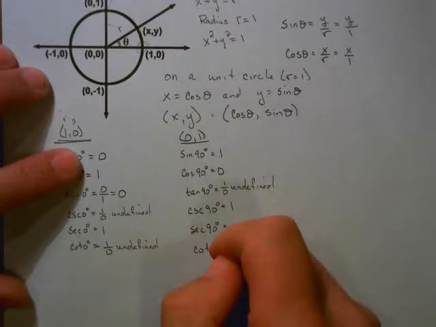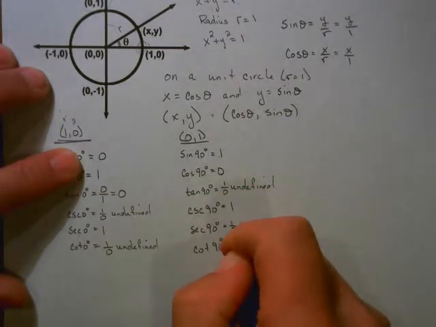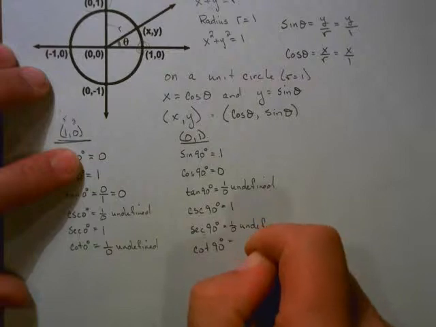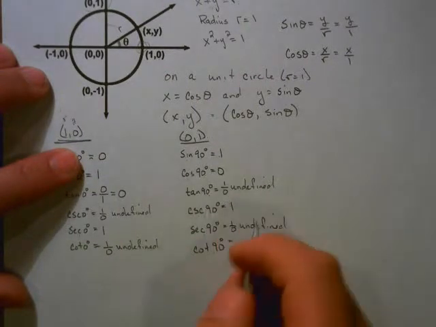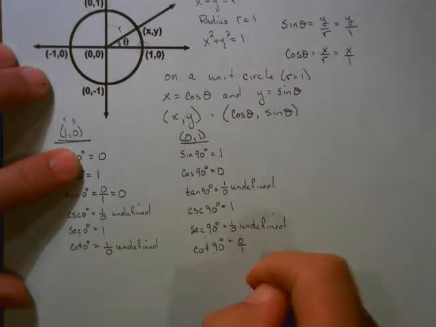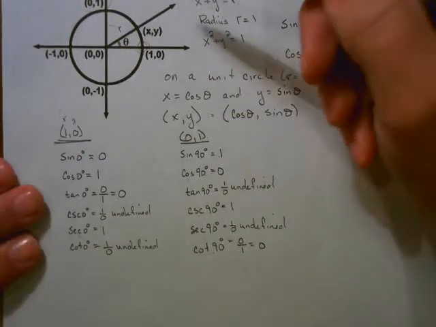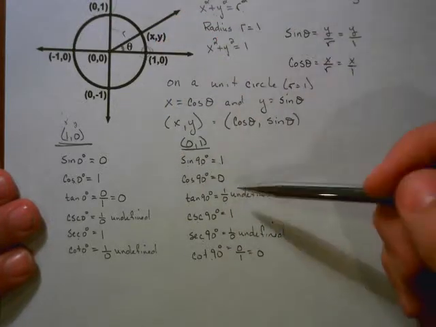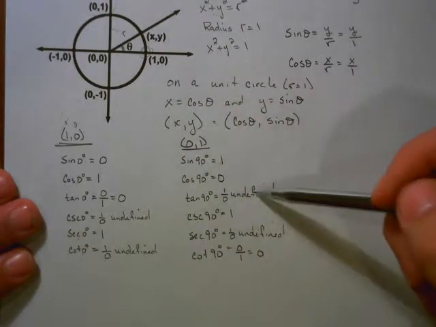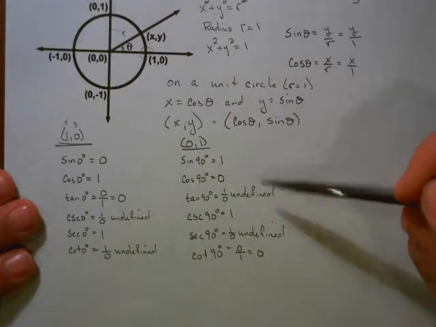Secant is the reciprocal of cosine, 1 over 0, which is undefined. And cotangent is going to be the reciprocal of tangent, which is 0 over 1, which is 0. So no matter which point you're using, as we go around, at most you're going to have is 2 undefineds.